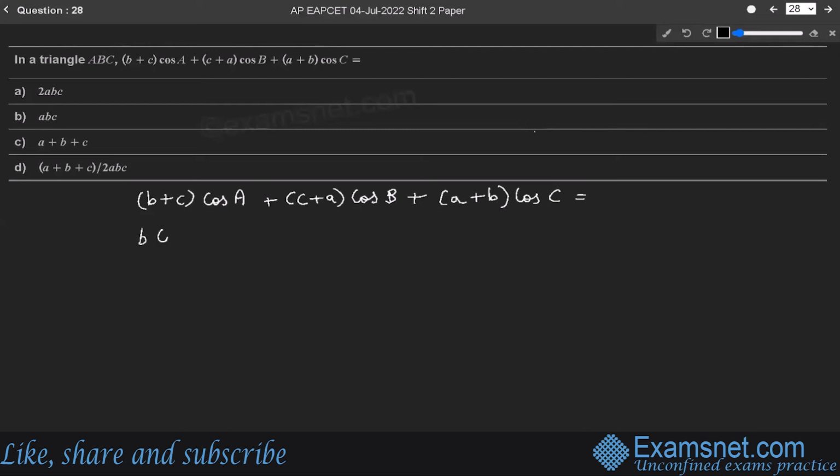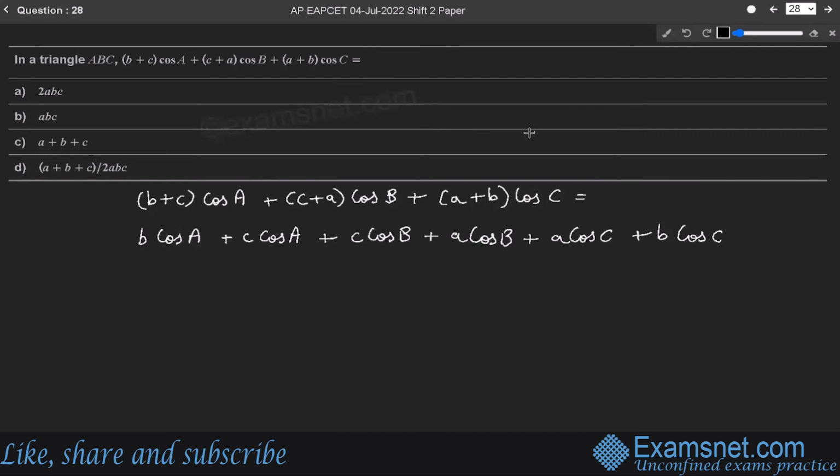So this becomes b cos A plus c cos A plus c cos B plus a cos B plus a cos C plus b cos C.